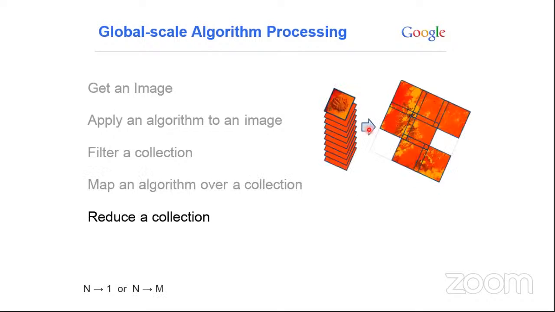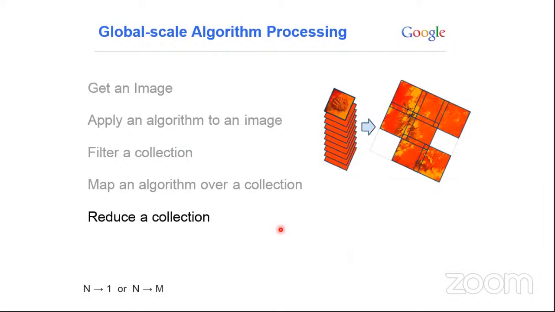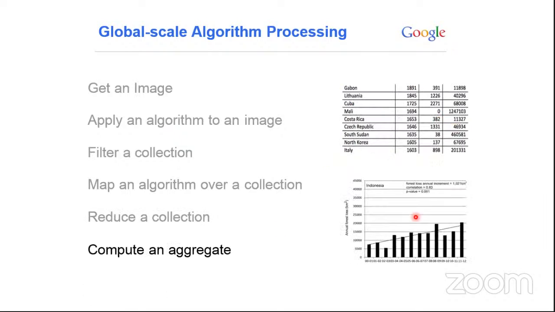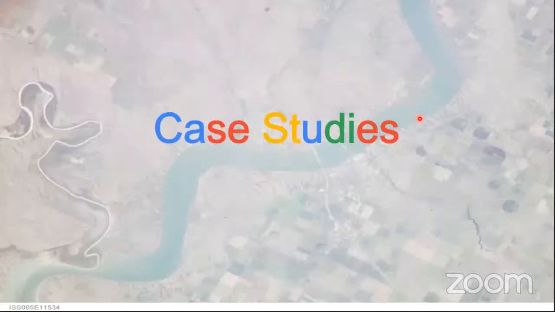You can reduce the collection and create good mosaics and reduced data sets. You can create the output either in map format like this, or in graphical or tabular format. And lastly, you can perform some vector operations if you want to conclude your data sets more prominently.